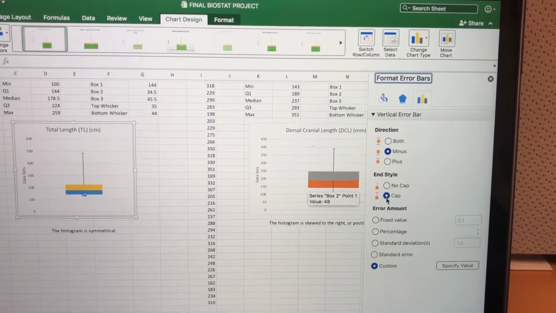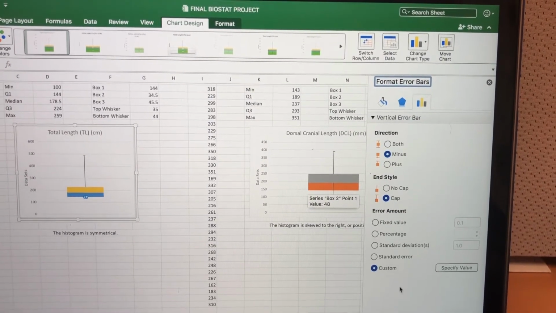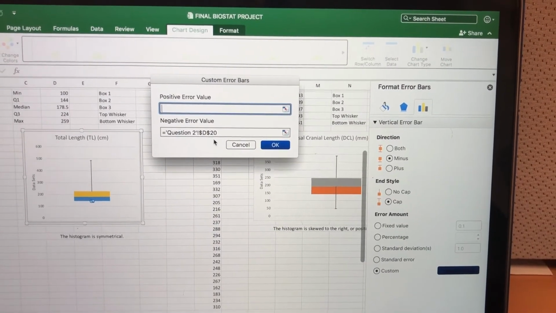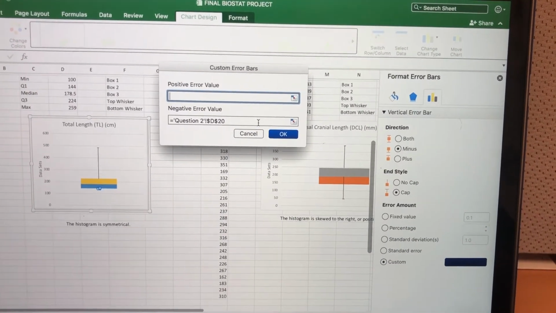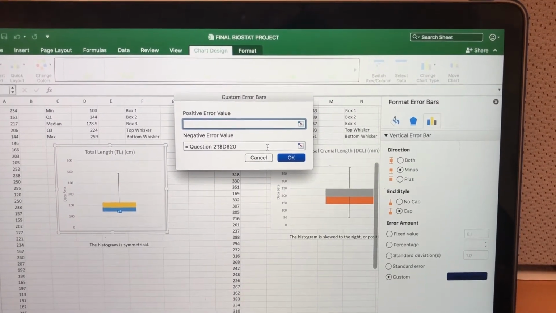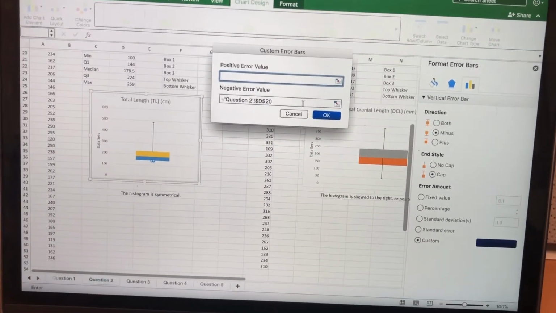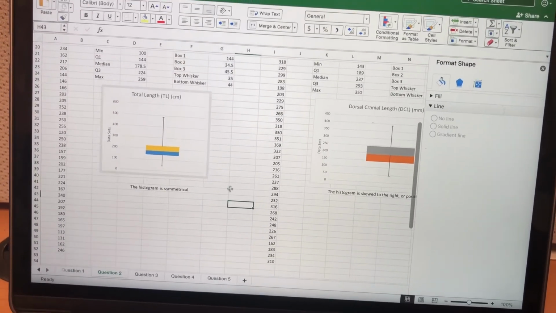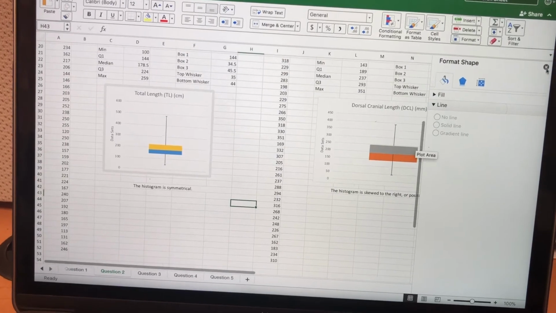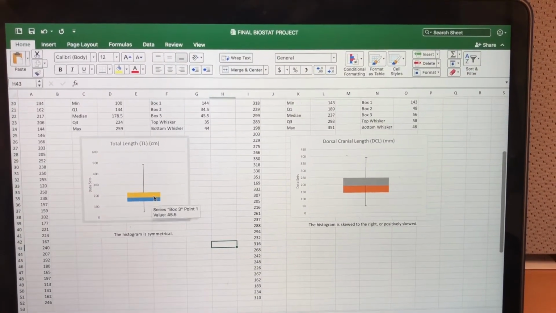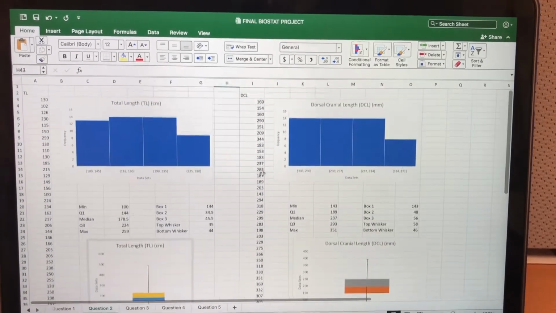You're going to say add a cap, and you're going to go to custom, and you're going to specify a value. And for your negative value, you're going to put the value for the bottom whisker, and you're going to do the same thing for the top whisker. And that's how you do the box and whisker plot for both.